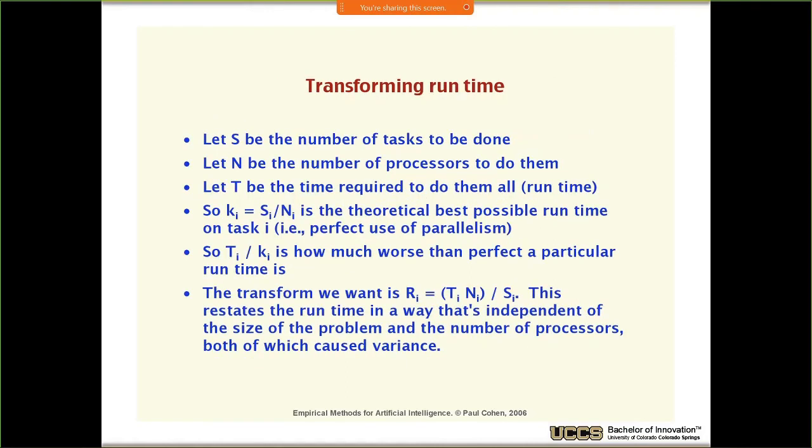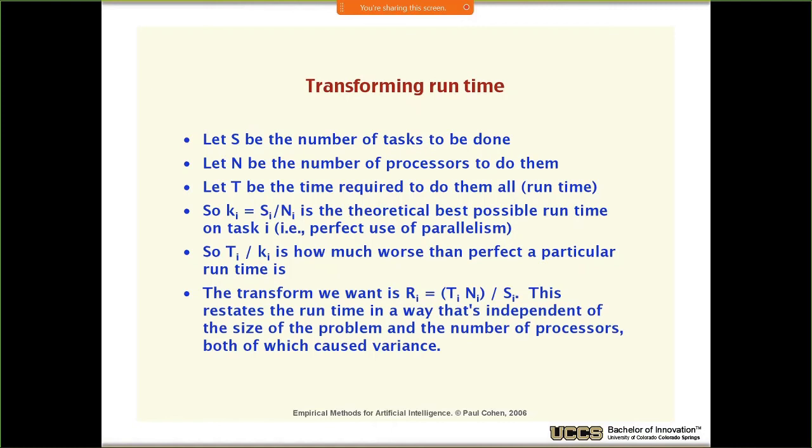So if I look at S as the number of tasks to be done, N the number of processors to do them, and T the time required to do all the work, then the theoretical best runtime, with perfect parallelism, would be S divided by N. And if I take T divided by S over N, that's how much worse than perfect a particular runtime is.